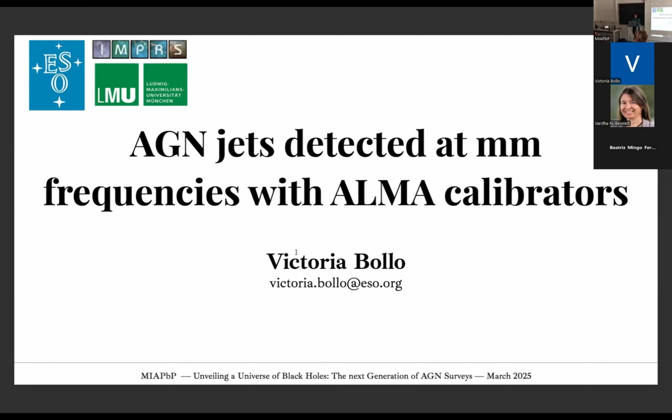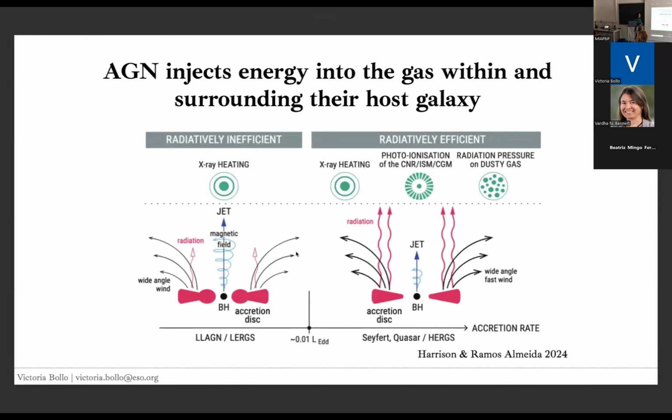Let me start by showing this plot that I'm sure many of you are already familiar with. We know that AGN can inject energy within the galaxy and also around the host galaxy. This could be roughly interpreted in two modes. The radiation could be inefficient, for example.